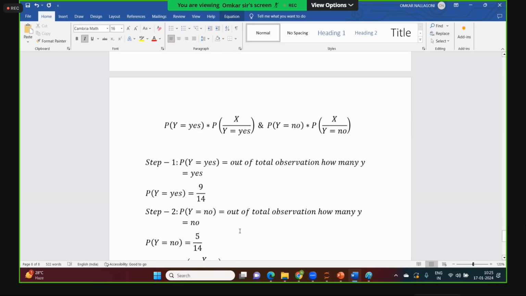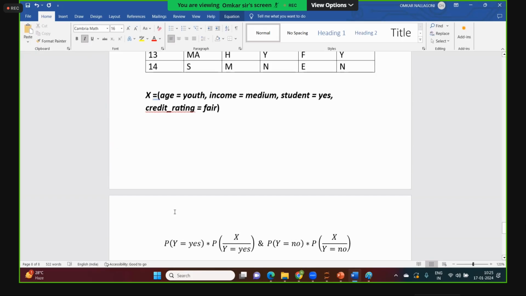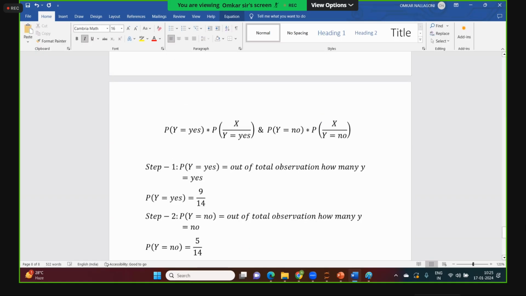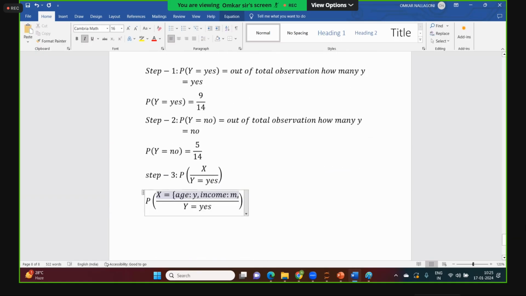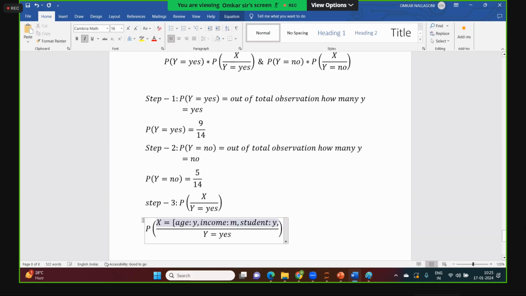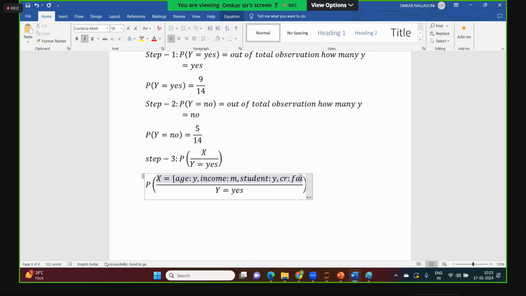X is age equal to youth, income equal to medium, student equal to yes, and credit rating equal to fair.